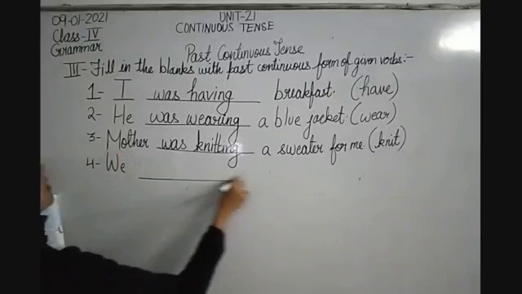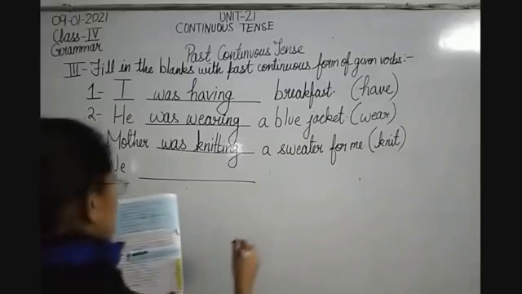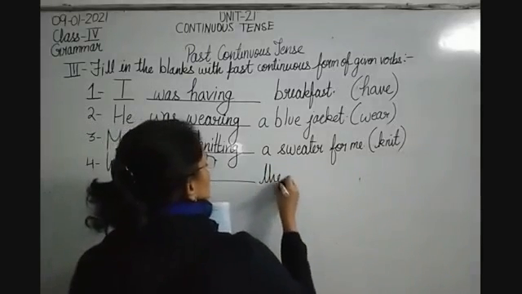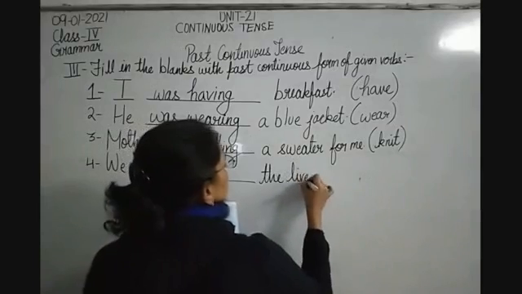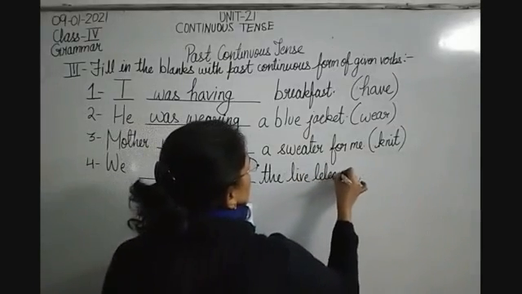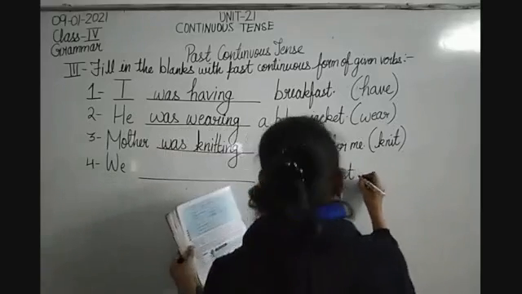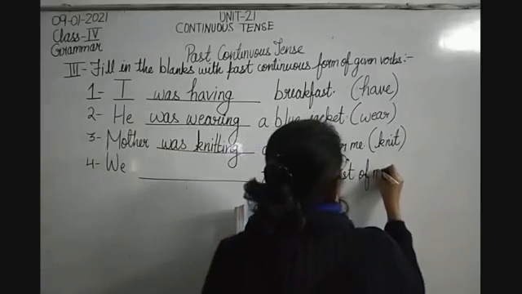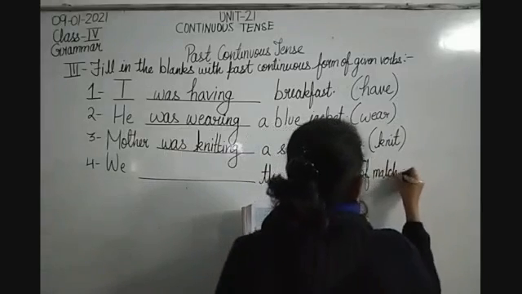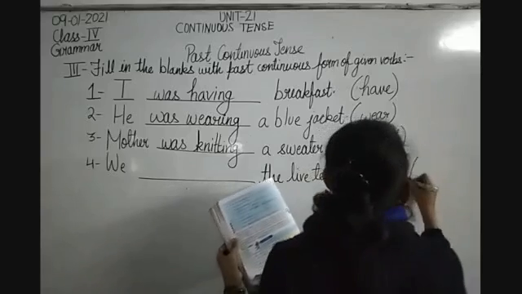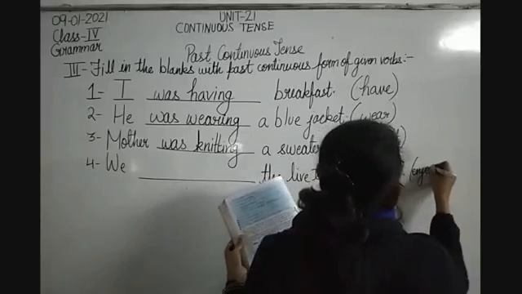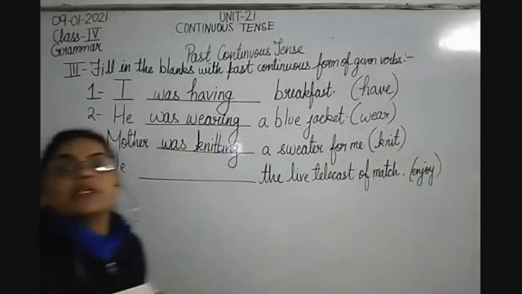The fourth one: We dash the live telecast of match, and the verb given in the bracket is enjoy. Enjoy का ing form क्या हो गया बेटा?